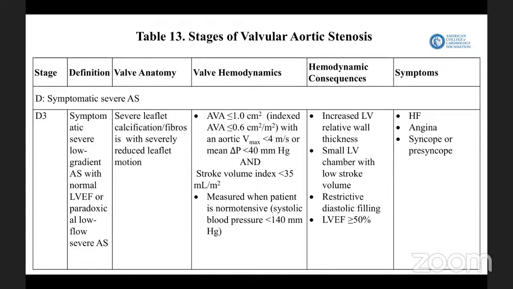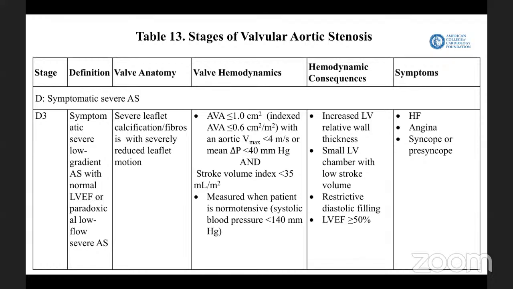In this subclassification, usually the aortic valve area is equal to or less than 1 centimeter square, or the index area is equal to or less than 0.6 centimeter square per meter square, with an aortic peak velocity of less than 4 meters per second, or mean pressure gradient of less than 40 millimeters of mercury, and the stroke volume index is less than 30 ml per meter square.